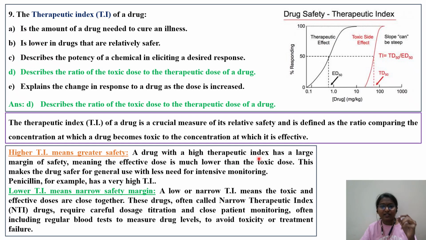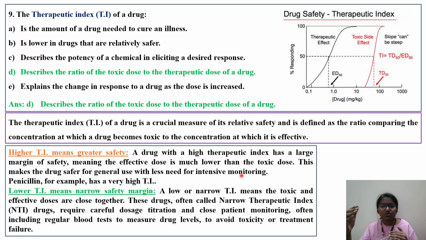A drug with a high therapeutic index has a large margin of safety, MOS, meaning the effective dose is much lower than the toxic dose. Toxic dose is around 500 mg and your effective dose is 5 or 10 mg. There is a wide gap between these two doses. This makes the drug safe for general use with less need for intensive monitoring.